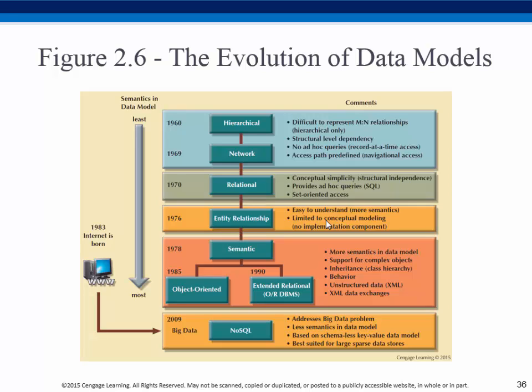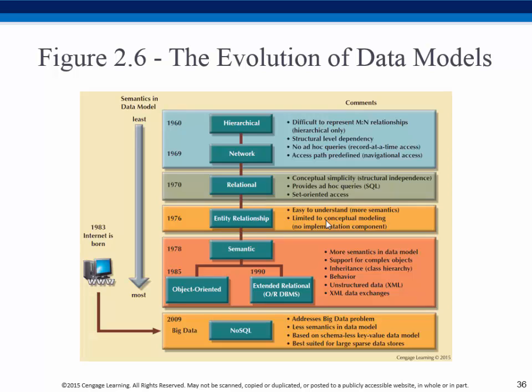So the evolution of the DBMS has always been driven by the search for new ways of modeling and managing increasingly complex real-world data. So for a quick summary, your hierarchical and network back in the 60s: difficult to represent many relationships in the hierarchical, structural level dependency, no ad hoc queries, record at a time access path predefined for navigational access.